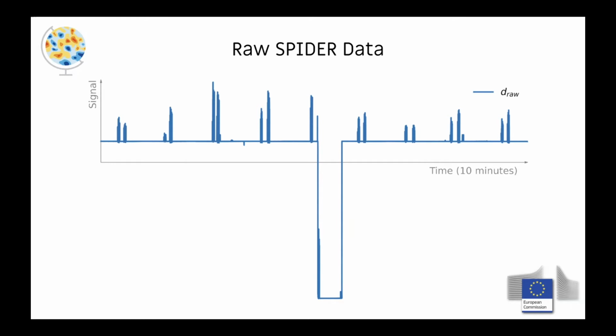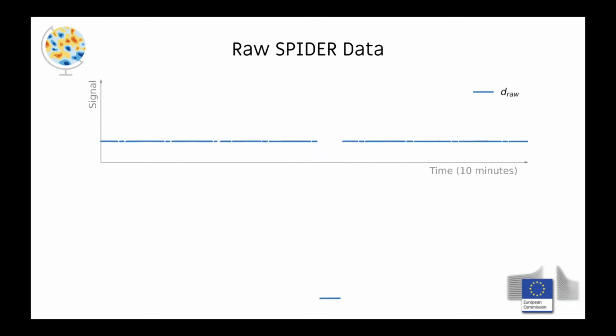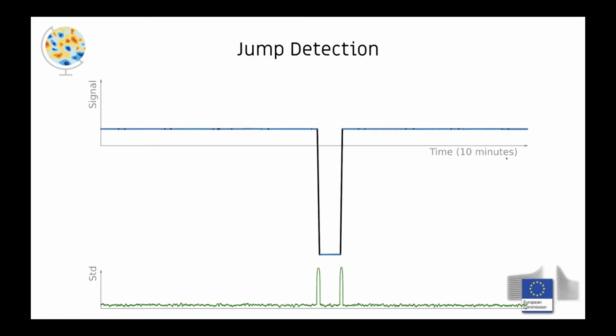The first step is that we flag out the iridium pings and the cosmic rays, and then we fill the gaps with a constrained realization. Then we compute a moving standard deviation along the time stream, which shows nice peaks wherever a jump occurs. These spikes in the standard deviation trace the jumps in the time stream.